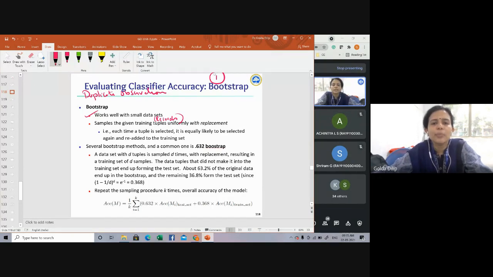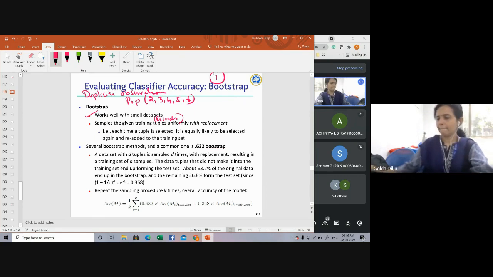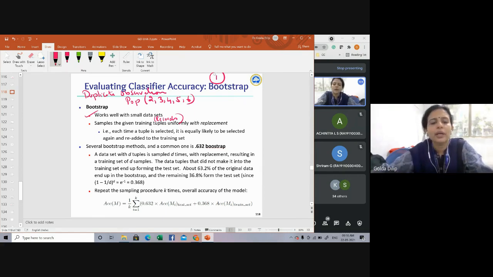For example, if your population is 2, 3, 4, 5, and 6, and we are trying to draw a random sample of size 4 with replacement, that is bootstrap. I want to generate a subset bootstrap.